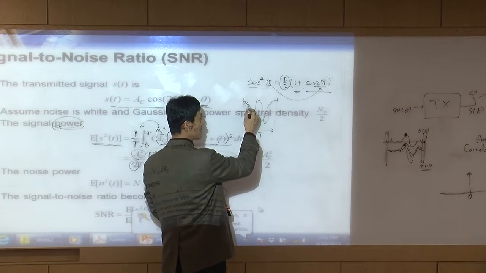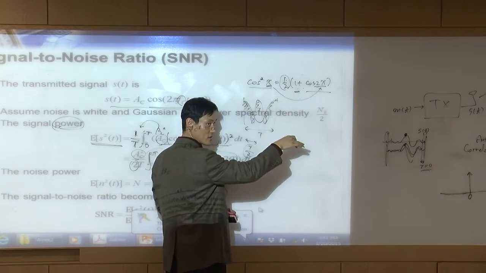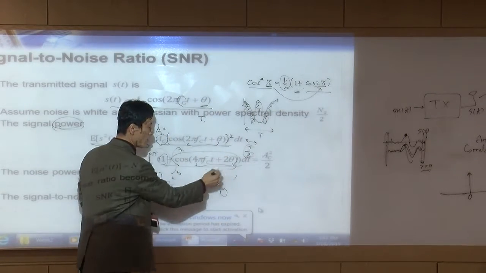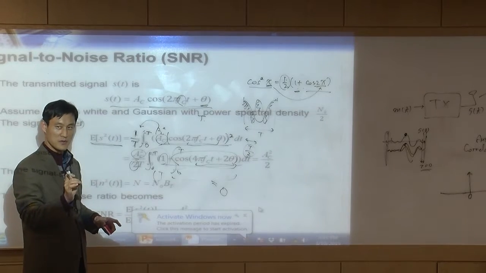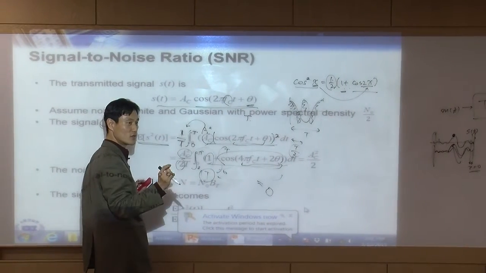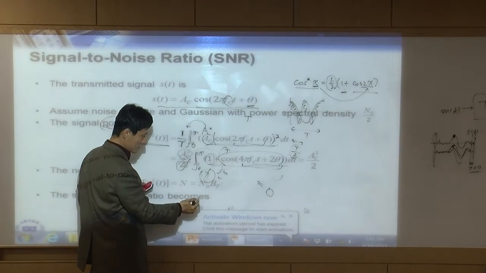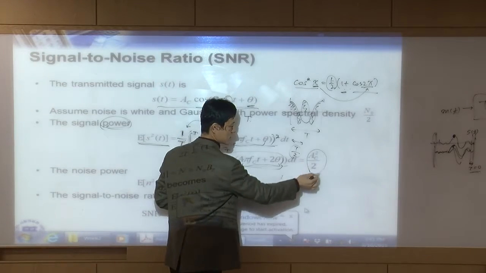It's 0, because we have positive, negative, positive, negative, and it cancels out. So this one is always going to be 0. What is left over is T, that's the only thing you're going to have. So T cancels out, and you're going to get this.